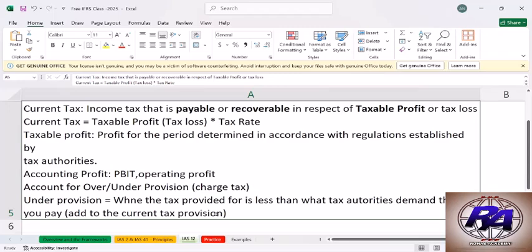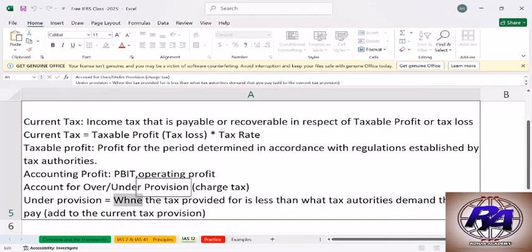Do not forget. Please, this is the examinable one, not the determination of taxable profit. That's why I'm taking my time with this. So we always add our under provision of tax to the current tax we have made provision for.